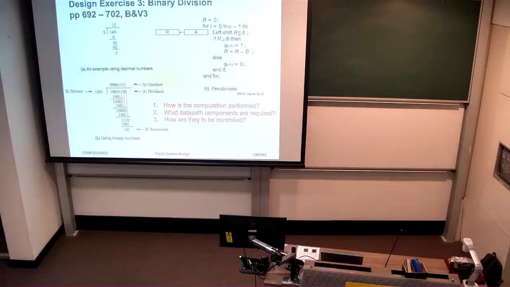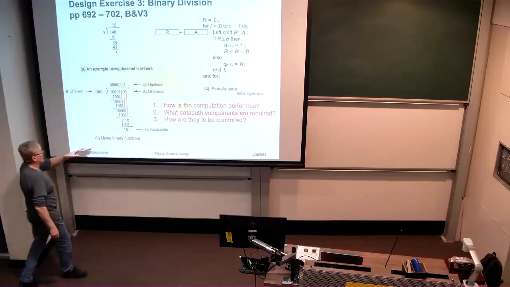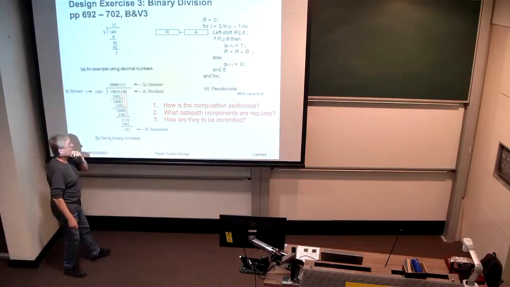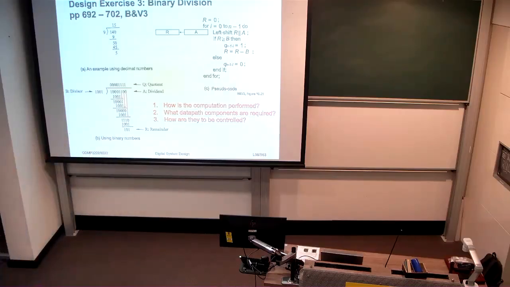That way we keep control over how far we've progressed with shifting the bits across and what the remaining bits are of A that haven't yet been considered. And we basically know that as soon as R is larger than or equal to the divisor, we can subtract a copy of the divisor away.